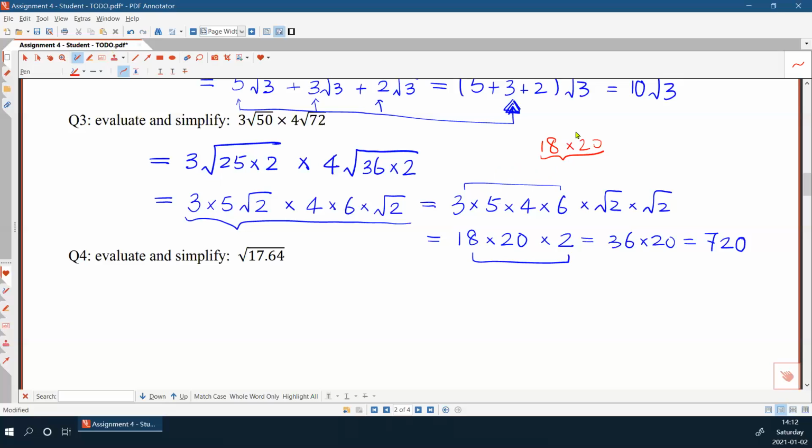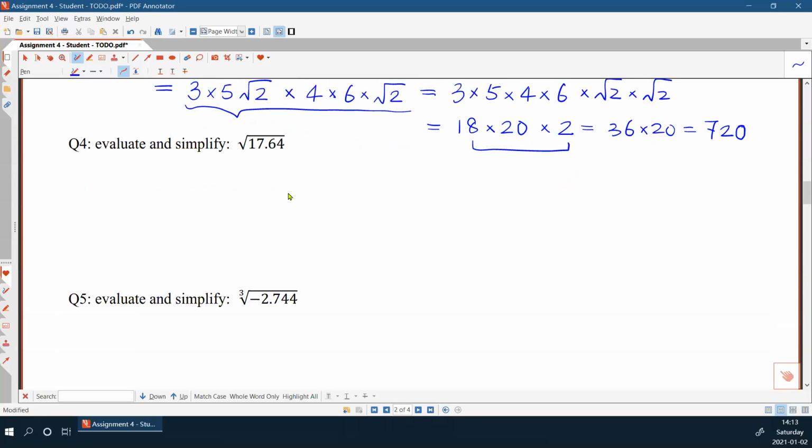This is very easy to calculate in your brain, okay? Any questions? Yeah, the takeaway here is sometimes changing the order of the multiplication can make the calculation easier. Okay, let's see the next one.